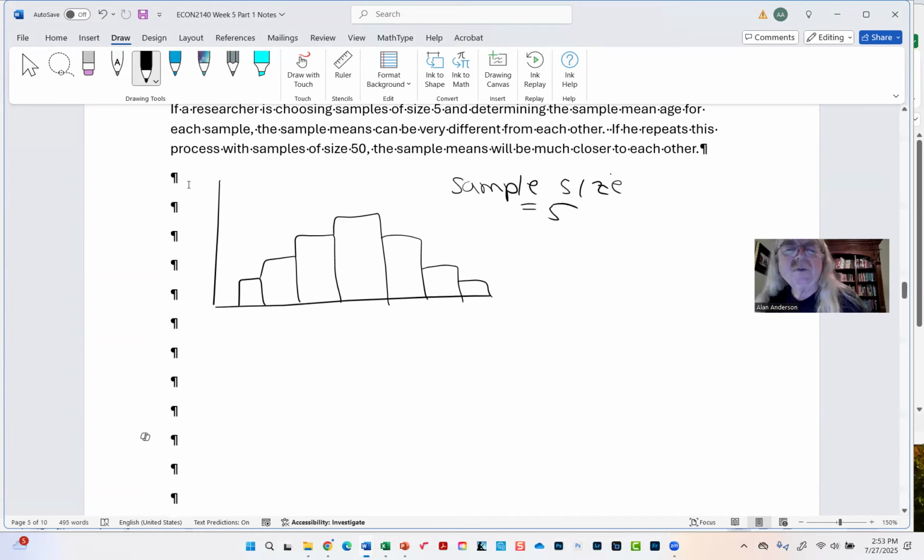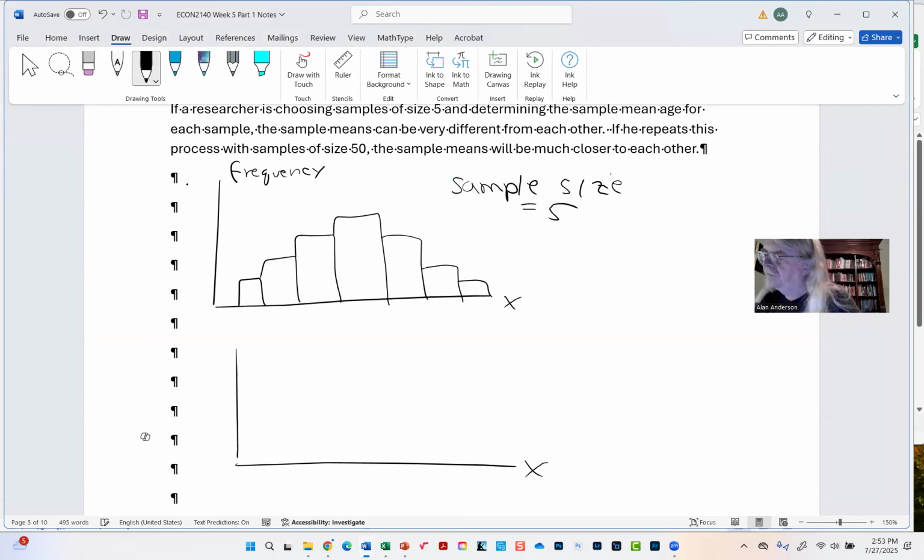Whereas when I change that to 20, it would probably look more like this.